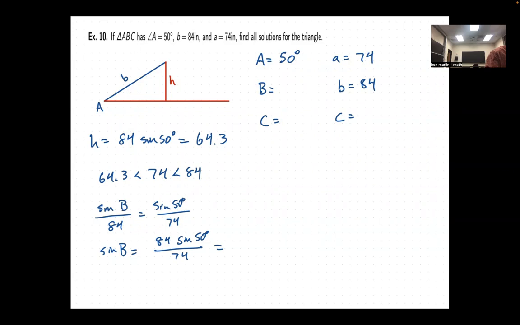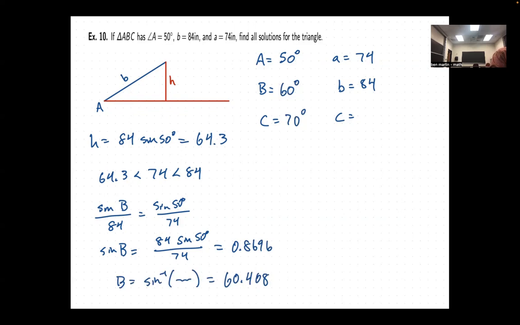Okay. I'm getting 0.8696. And so I'm going to get my B by taking the inverse sine of that. And I'm getting 60.408 degrees. I'm going to round that to 60 degrees. And that tells me that the remaining angle is 70 degrees.